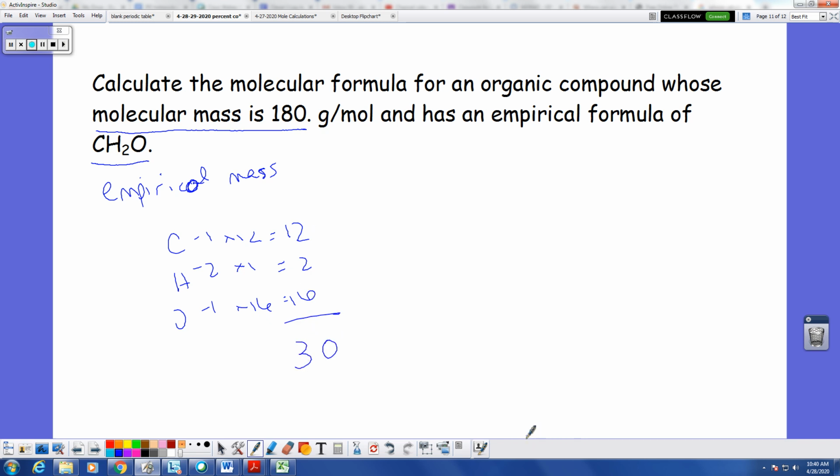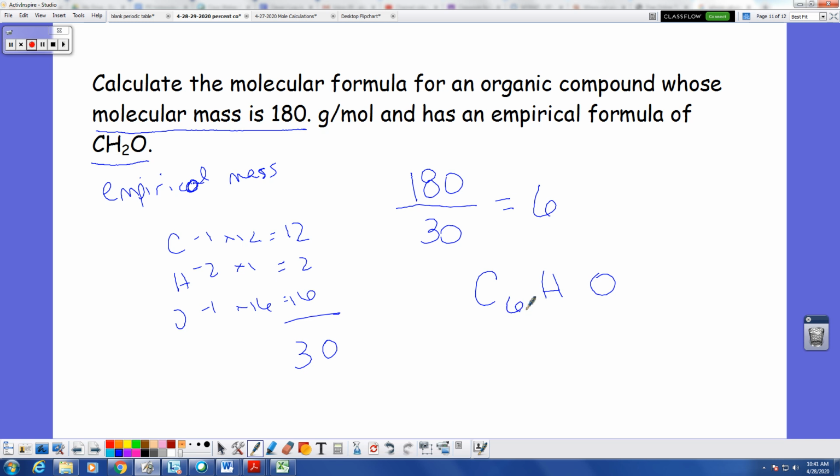That's 30. Then we need to see what this has to be multiplied by to get 180. So if we do 180, which is the molecular mass, divided by 30, which is the empirical mass, pretty sure that gives us 6. It does. So that means we take this formula and we multiply each of our subscripts by 6.